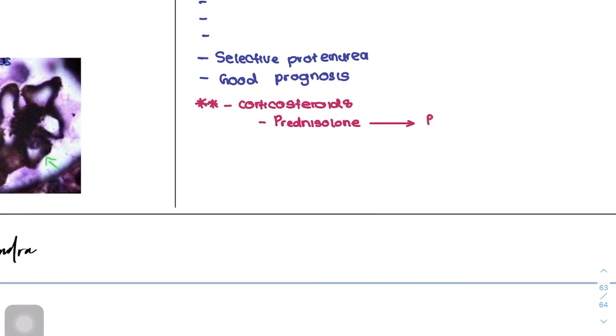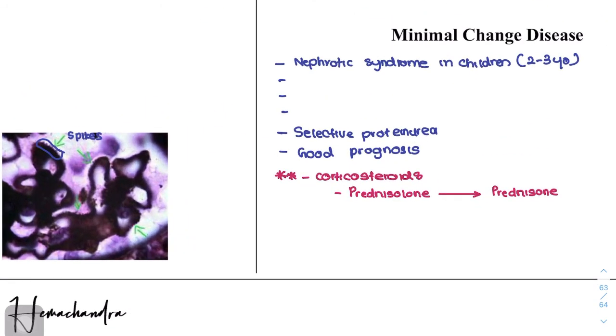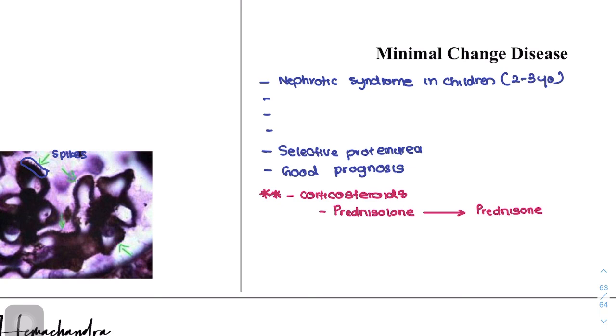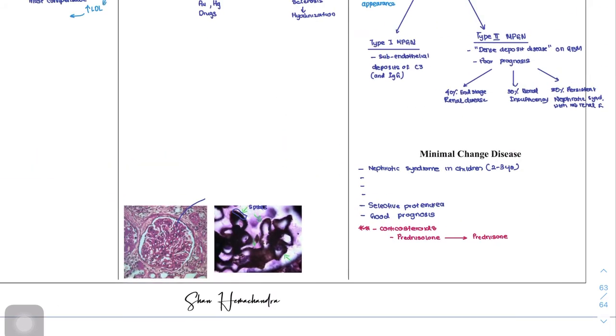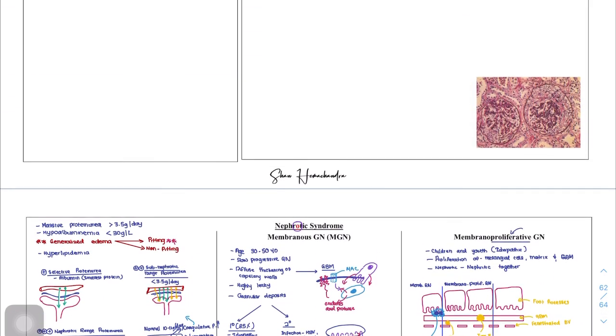It converts to prednisone by our liver and makes it active. These are anti-inflammatory drugs. That is it for nephrotic syndrome.